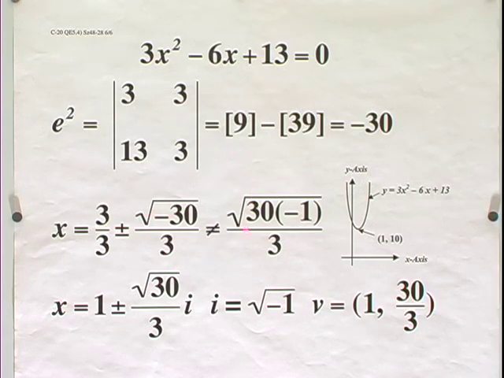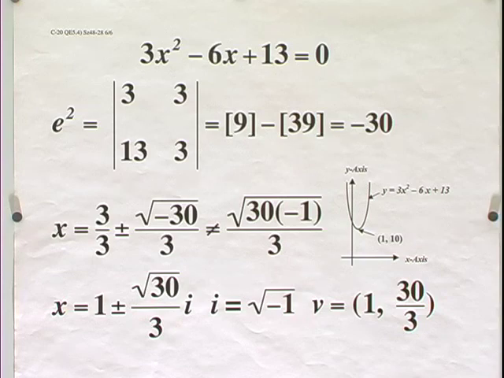What we do is write this as 30 times minus 1, and then we give the square root of minus 1 the letter i. So the roots are going to be 1 plus or minus square root of 30 over 3 times this i.